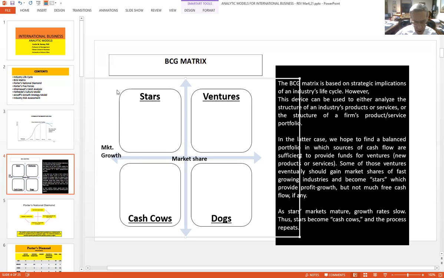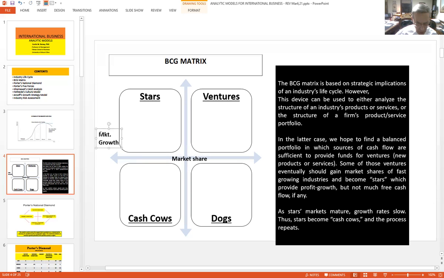Up at the top is fast growth. Down at the bottom here would be the slow growth. I'll put fast growth here. And then I'll copy this and call this slow growth.